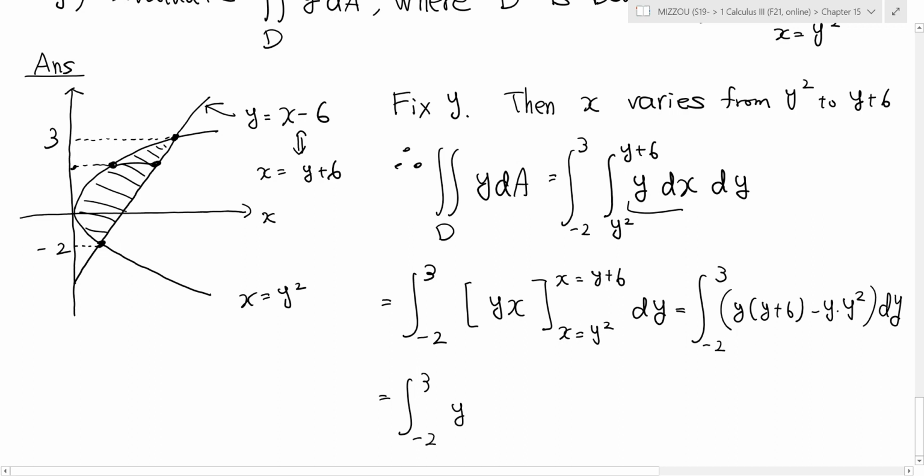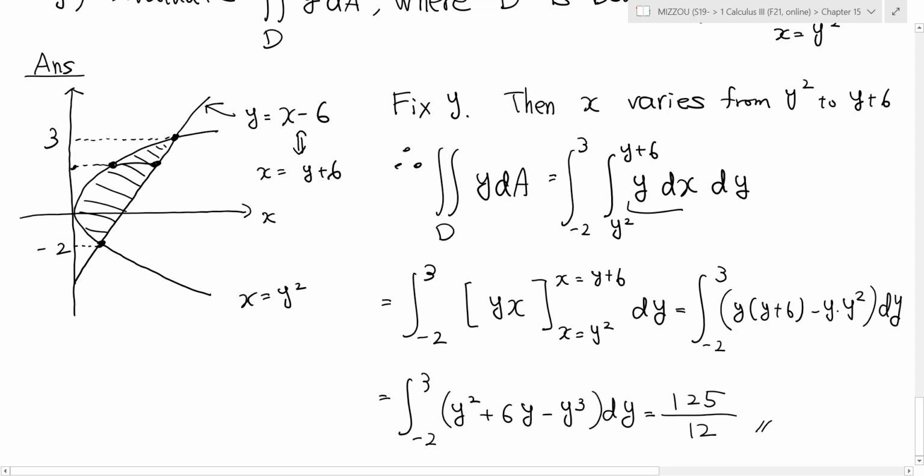If you simplify this, you get y squared plus 6y minus y cubed dy. And then this will be 125 over 12. Okay, so that's the answer.